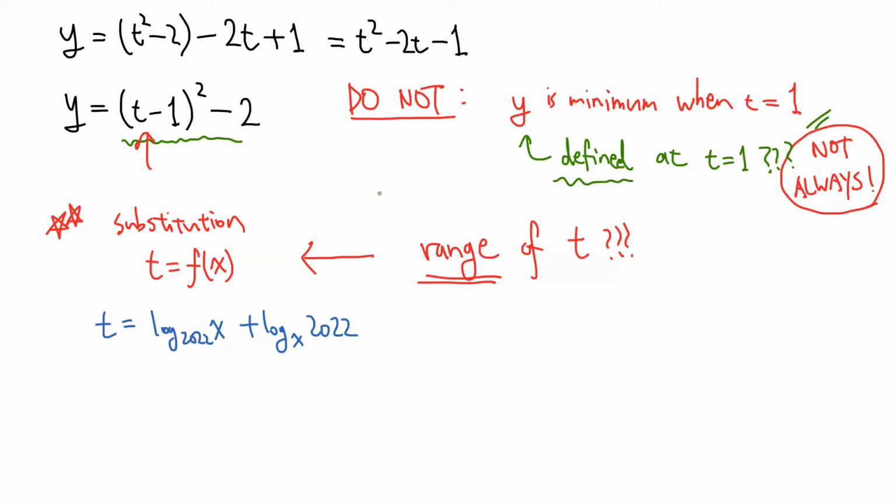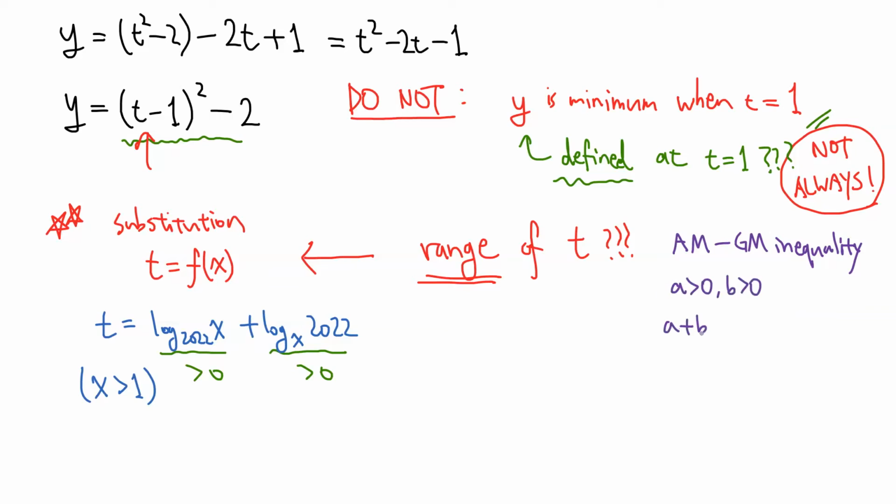So t is defined in this way, and the function is defined on x greater than 1. This means that both of these terms are positive. So therefore, we can use the relation between arithmetic mean and geometric mean, aka the AM-GM inequality. Here, remember that this holds only for positive a and b.